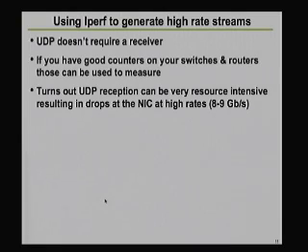So I ran into a situation where all I had was a gigabit connected host, and I needed to test a 10 gigabit line. And one of my coworkers came up with this kind of harebrained scheme to do that. So it turns out with Iperf, you can generate a huge amount of UDP traffic. And as it turns out, receiving UDP traffic is actually kind of hard to get right.